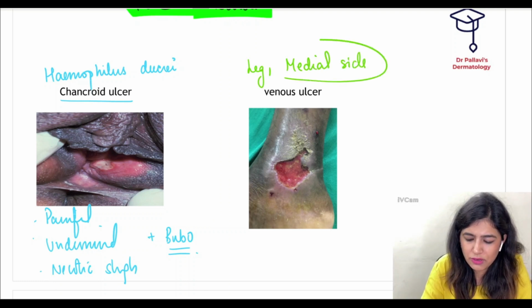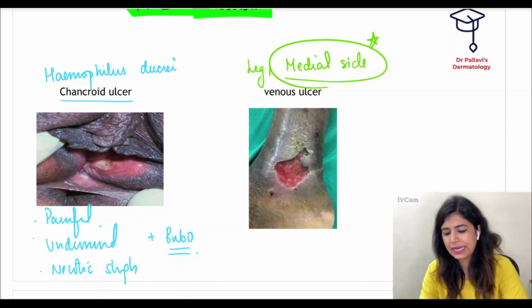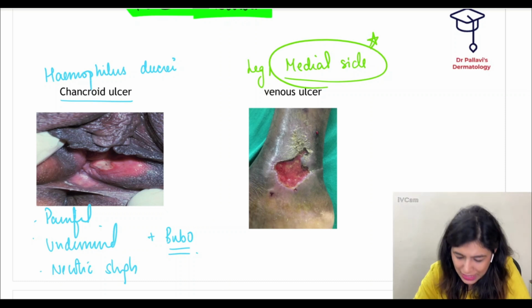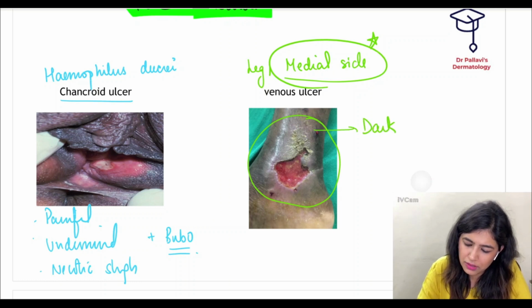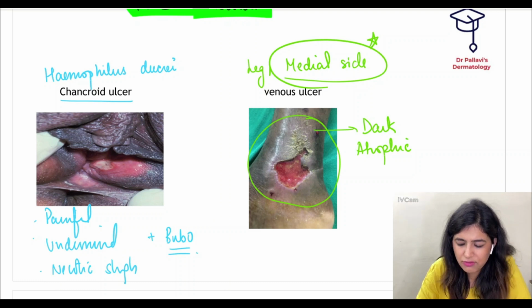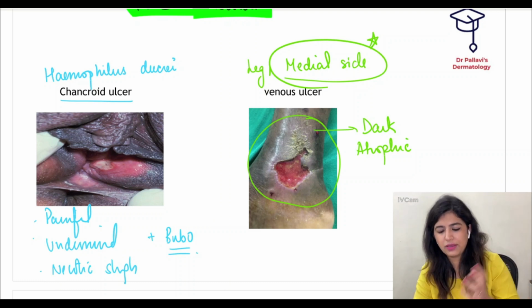Venous ulcers will be classically present on the leg, but on the medial side of the leg. Very importantly, they will be present on the medial side, just above the medial malleolus. The surrounding skin will be dark, atrophic. And the ulcer will have irregular margins with a very dirty looking surface.